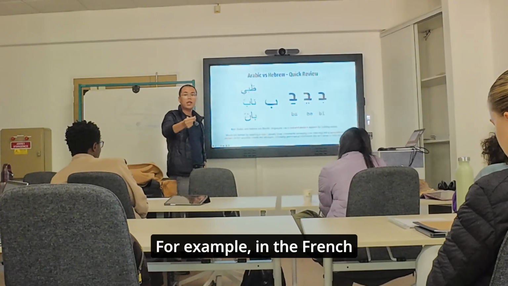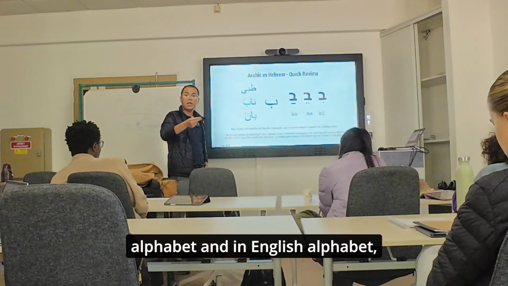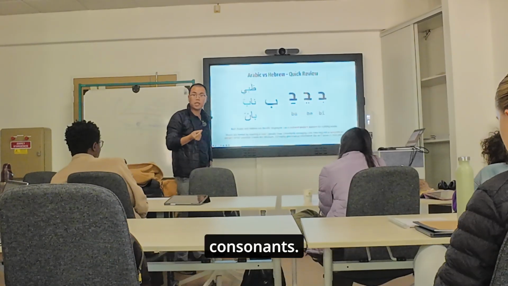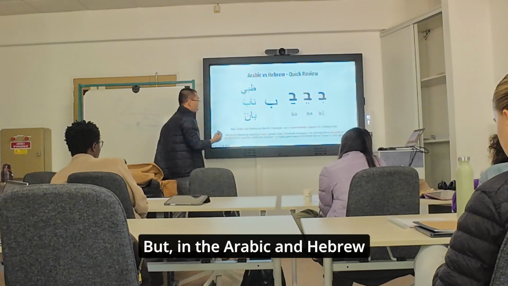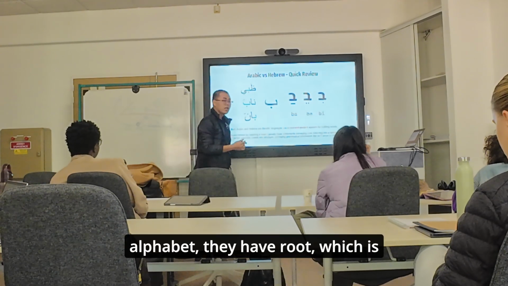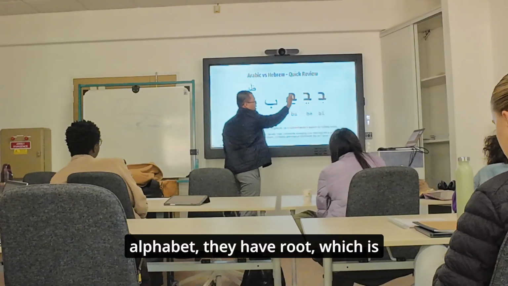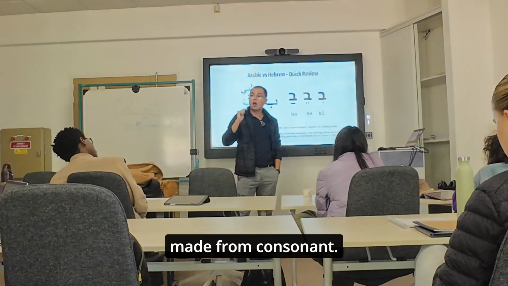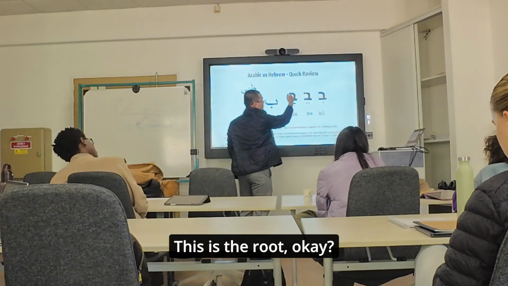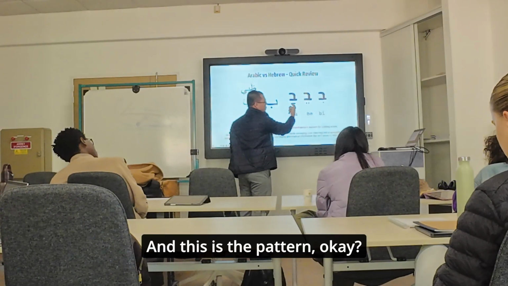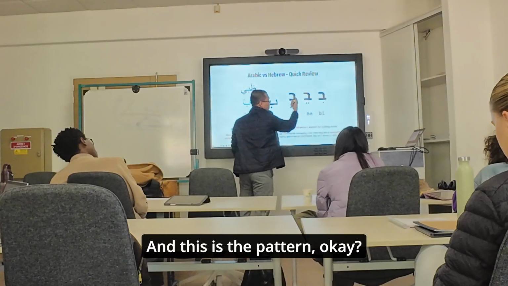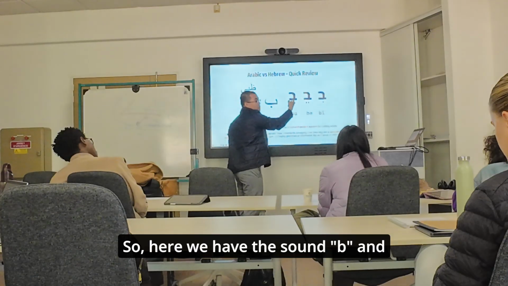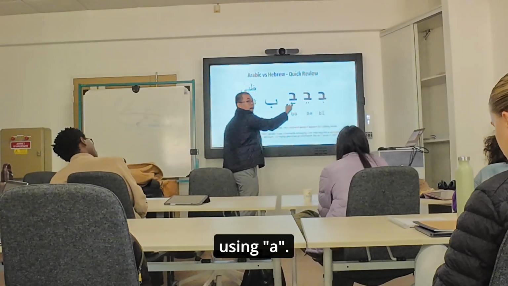In the French and English alphabets, there are vowels and consonants. But in the Arabic and Hebrew alphabets, they have a root, which is like this. Okay, this is the root, and most of their alphabet is made of consonants. This is the root, and this is the pattern. Here we have the sound b, and here's the a.